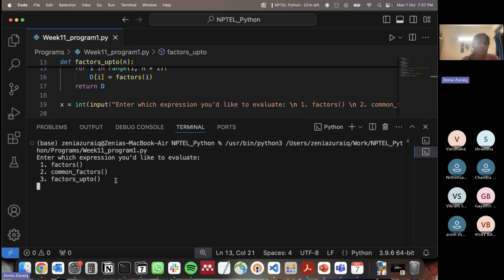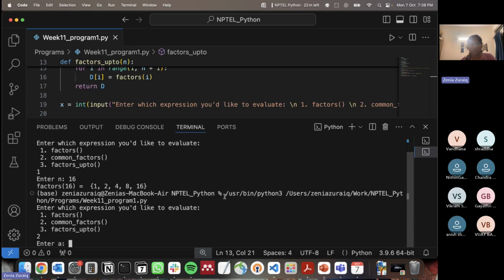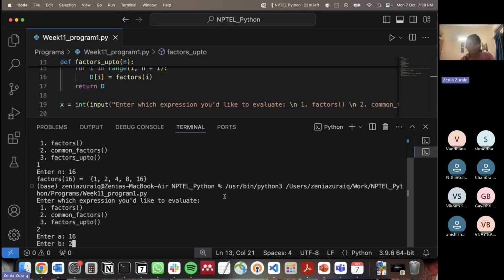So here, which expression would you like to evaluate? Let's first try with factors to see if it's working. If I give factors of say 16, then you can see that it gives me 1 into 16, which is 16, 2 into 8 is 16, and also 4 square is 16. Now, if I want to find common factors, then I have to enter two numbers. I suppose I entered 16 and also 24.